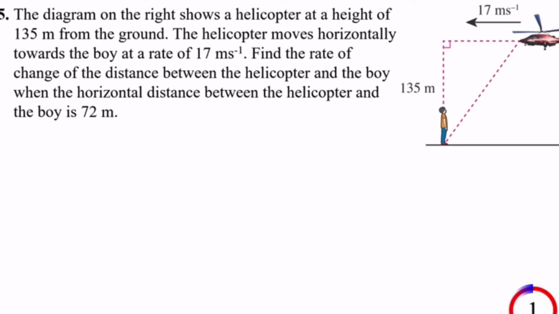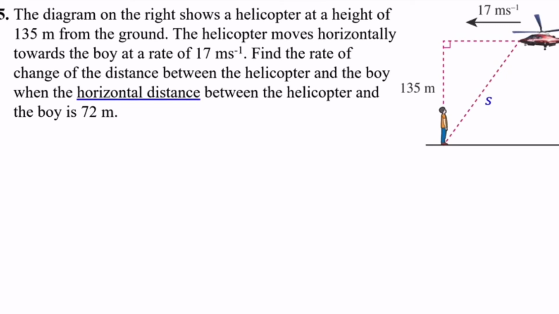The helicopter moves horizontally towards the boy at the rate of 17 meters per second. Find the rate of change of the distance between the helicopter and the boy. That distance, which I highlighted in blue color, is labeled as S.